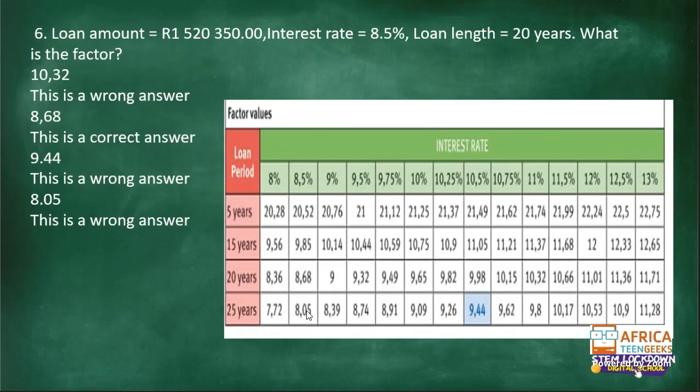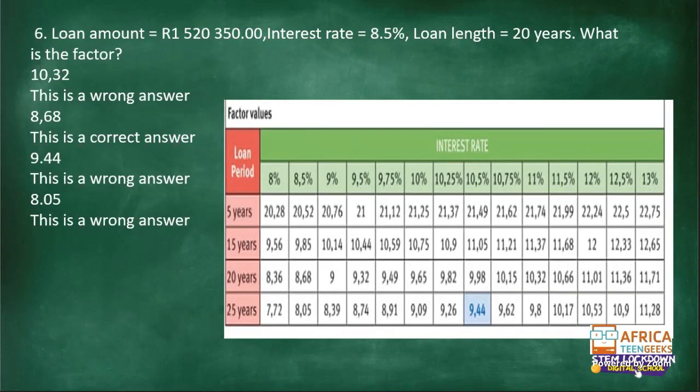And you can see that in this case, 8.5% in 20 years corresponds with 8.68. So the correct factor value there will be 8.68. That is the factor that corresponds with 8.5% and 20 years. So that's very important.